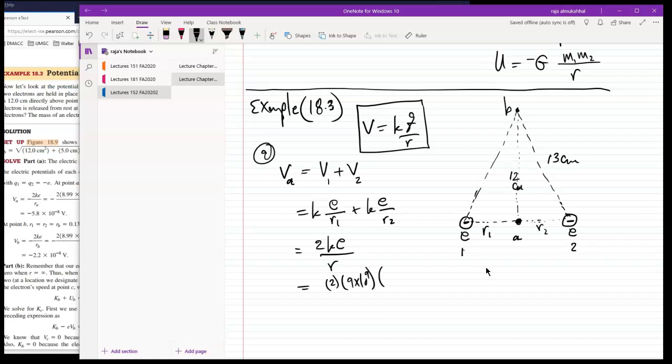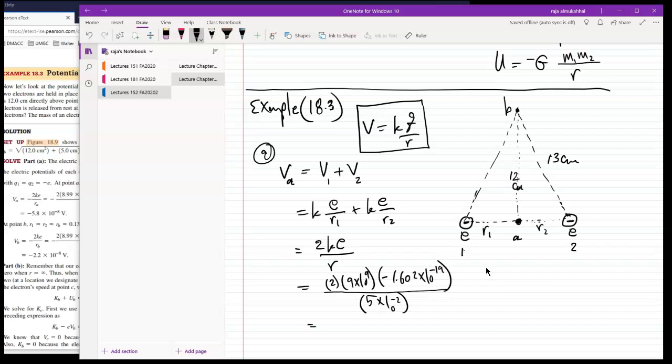It's the fundamental charge, 1.602 times 10 to the negative 19. But the electron is a negatively charged particle, so that's going to be minus. Divided by R, which is 5 centimeters, that's 5 times 10 to the negative 2. And you're going to get a negative potential, a negative voltage.